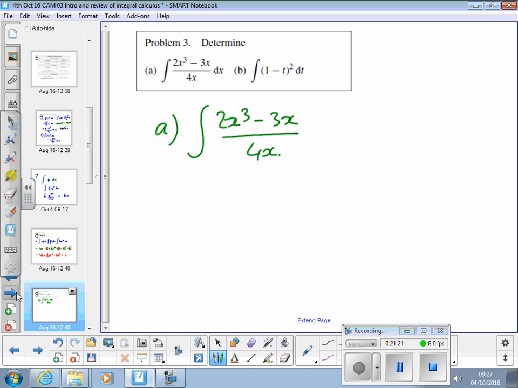Multiplied by 4x? Not really. You do need to get rid of the 4x on the bottom. What, divide top and bottom by 4? There's another way of writing that. How could I write that as two separate fractions?